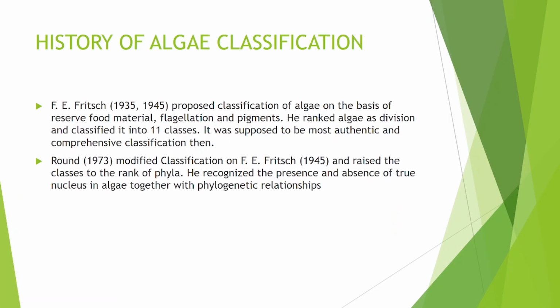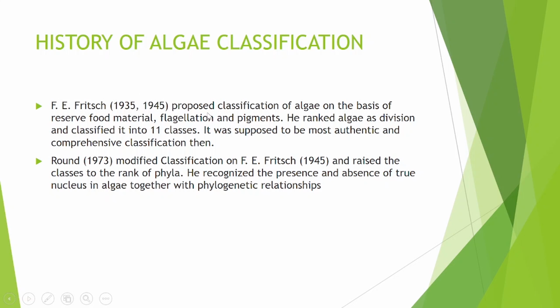The current algae classification was designed by a man called Round in 1973, but his current algal taxonomy was a modification of the classification by this scientist called F.E. Fritsch, which he designed in 1935 and modified in 1945.